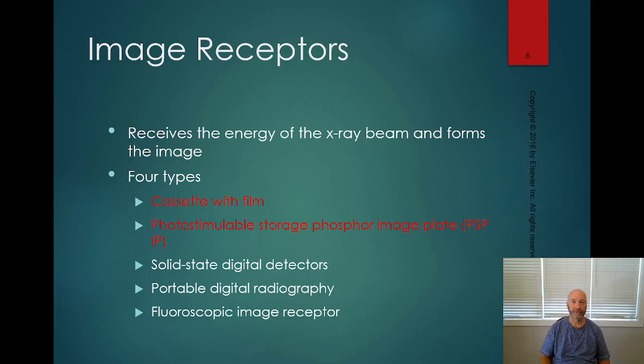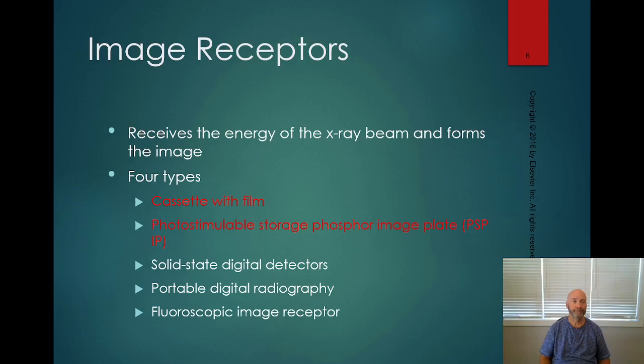So you're going to make an exposure, and then you've got to put it into a reader that'll lift that information off that plate and then give you the plate back. So you may have multiple sizes. You may have a 14 by 17, a 10 by 12, an 11 by 14, or an 8 by 10.